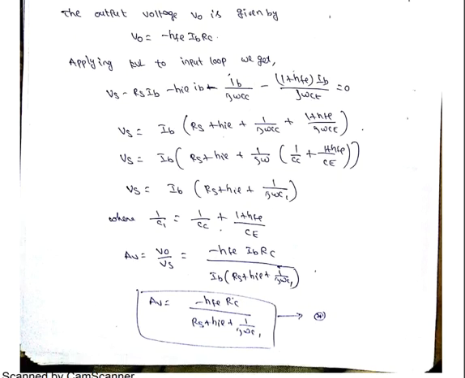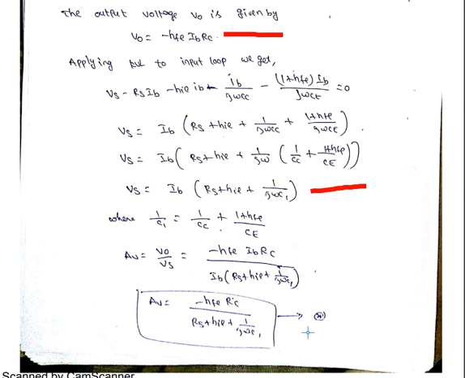Here we are assuming 1 by C1 is equal to 1 by CC plus (1 plus HFE) by CE. Therefore V0 by VS is equal to minus HFE IB RC by IB into (RS plus HIE plus 1 by J omega C1). We get this V0 by VS by dividing these two equations: the output is V0 in this expression, and the input is VS.